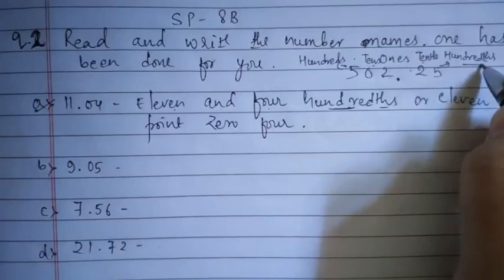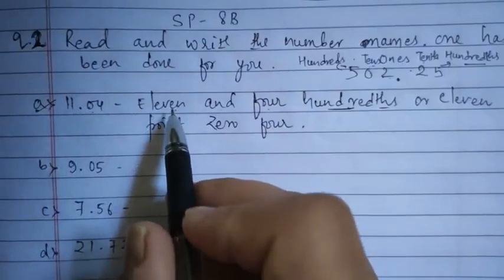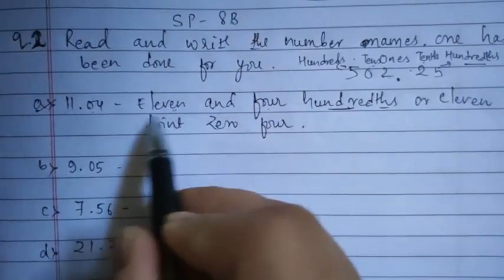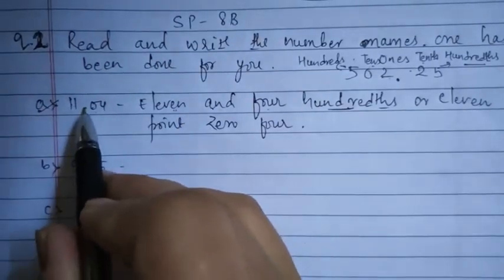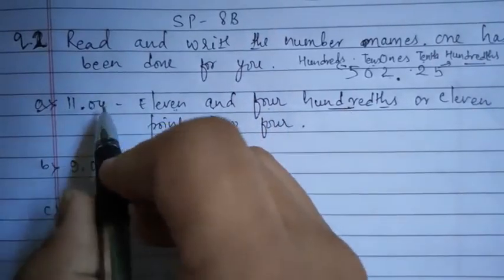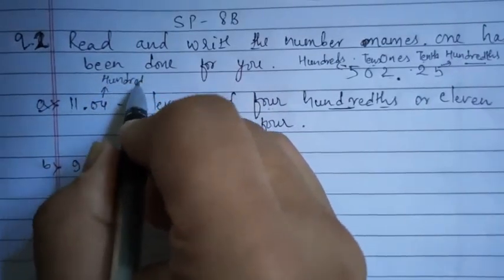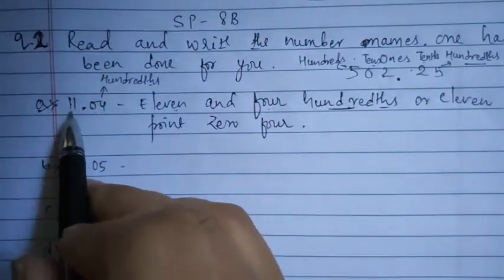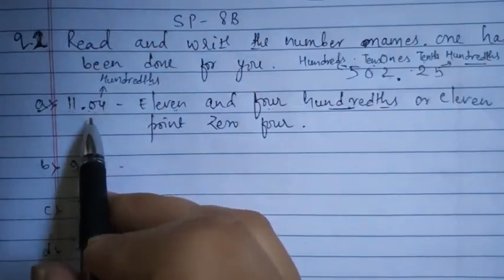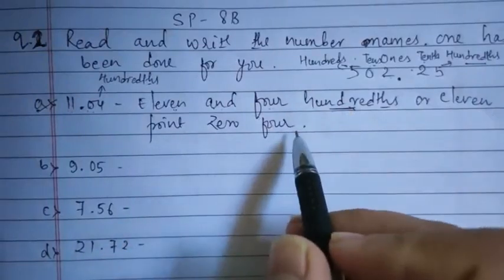That's why in the case of 11.04, they have written 11 and, for the decimal part, 4 hundredths, because this 4 is in the hundredth position. So 11 and 4 hundredths, or you may write 11.04.